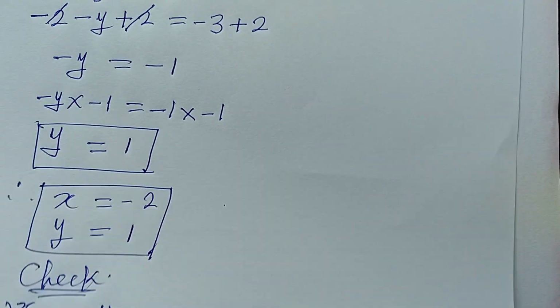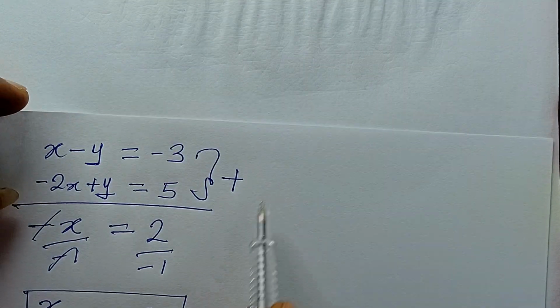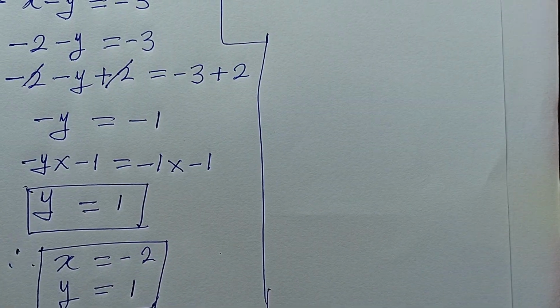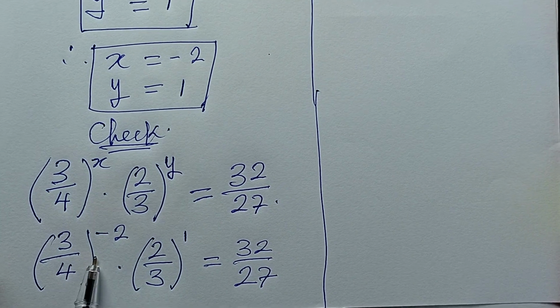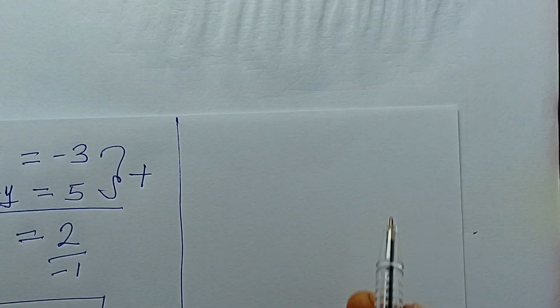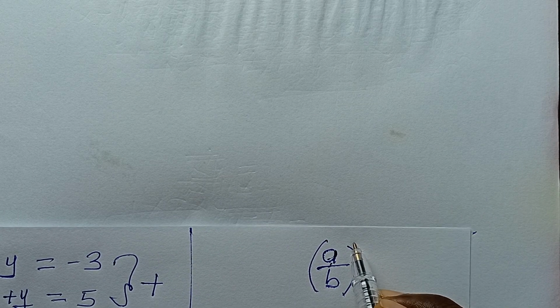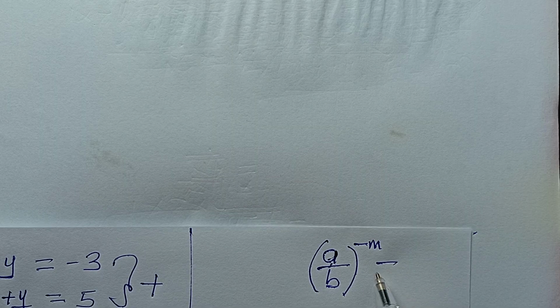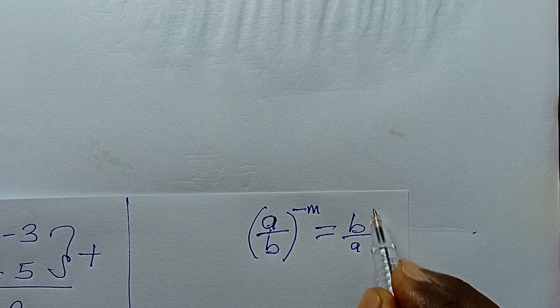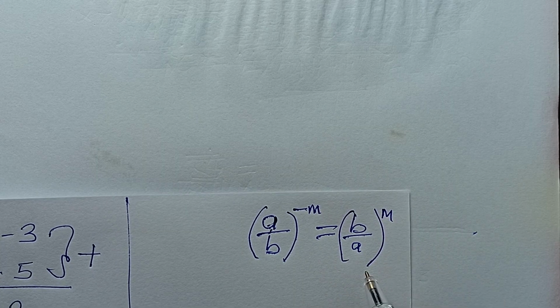From here, let's continue on this side. For this expression, I'm going to apply a simple law in indices, which says that if you have A over B, all raised to the power of minus m, this is equal to B over A, all raised to the power of positive m.